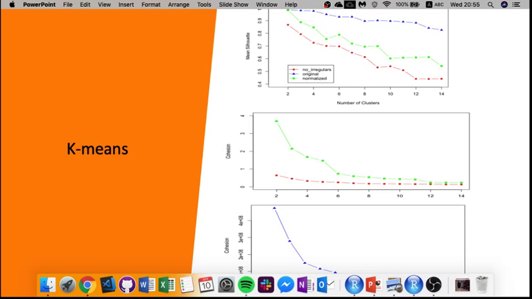So we need as many clusters as we can with as high a silhouette value as we can. In our case, we use the elbow method, and we can see that the sixth point is high enough in the silhouette and high enough in the number of clusters.